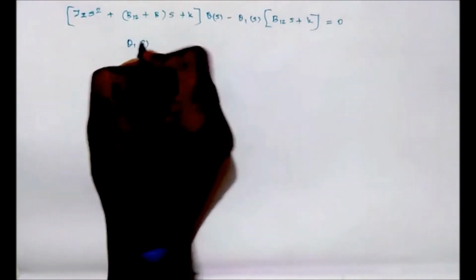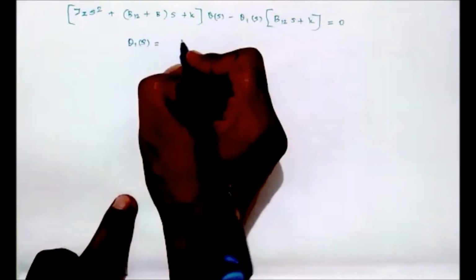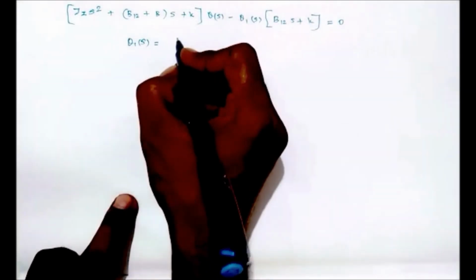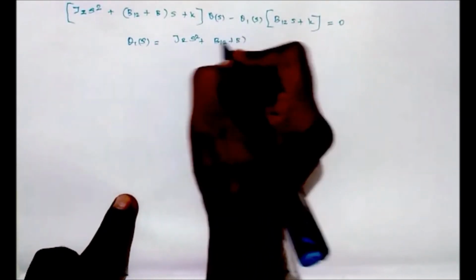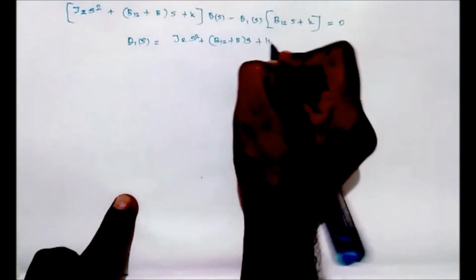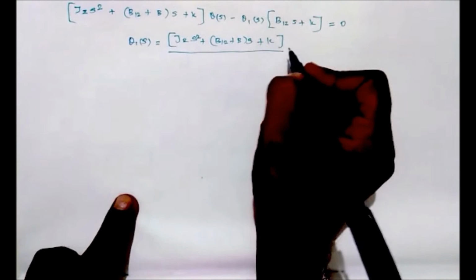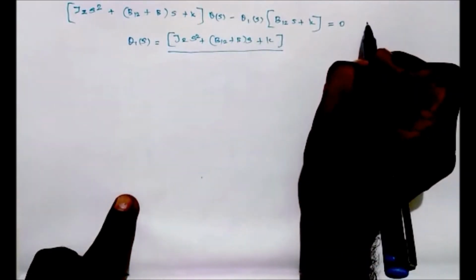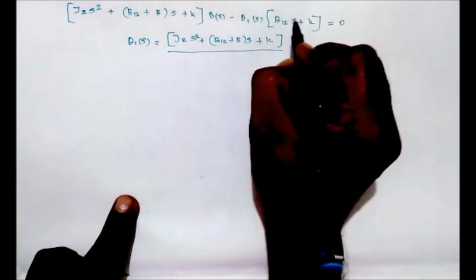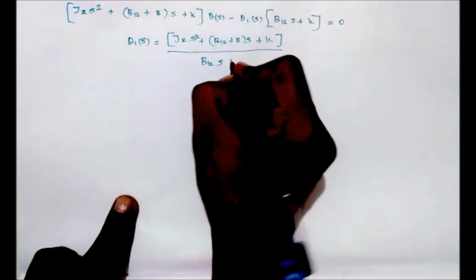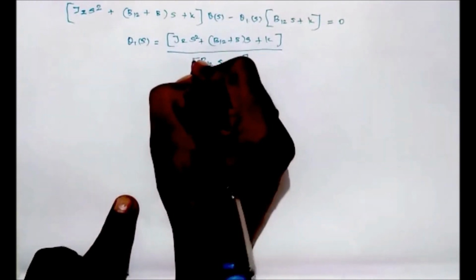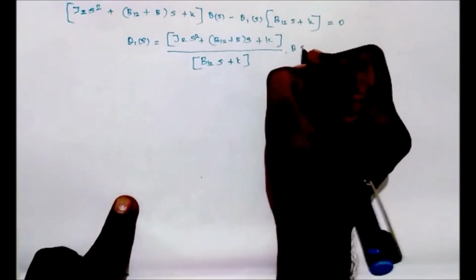So now theta 1 of s equal to J2 s square plus b12 plus b into s plus k, divided by, so we have to bring this term here, we need theta 1, therefore we have to bring this term here, so therefore b12 s plus k into theta of s.